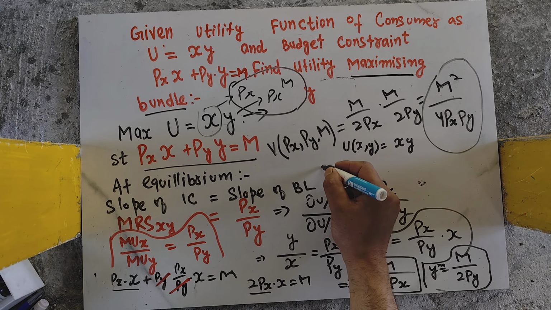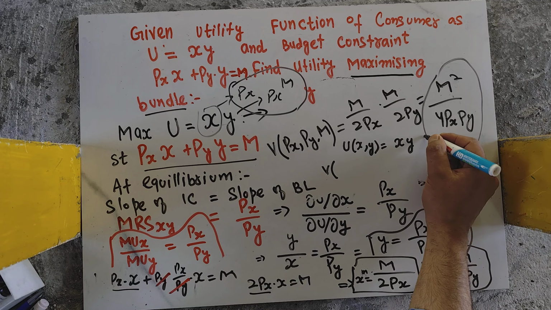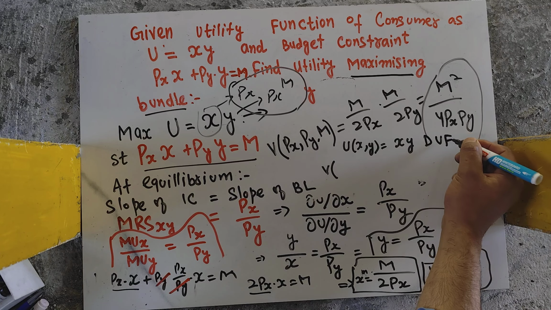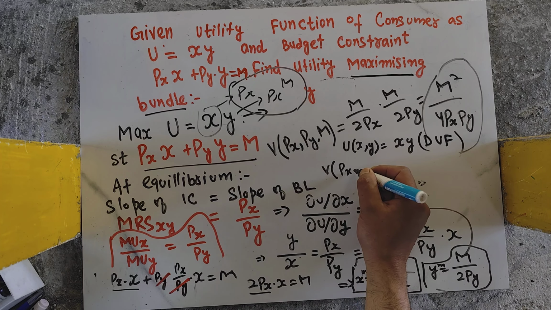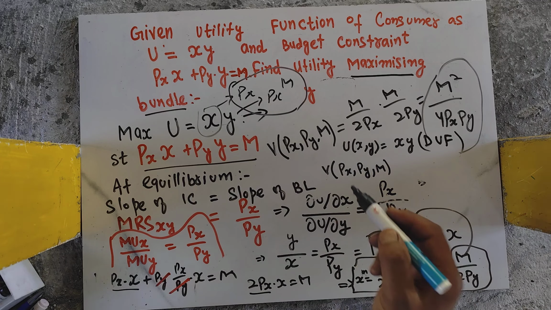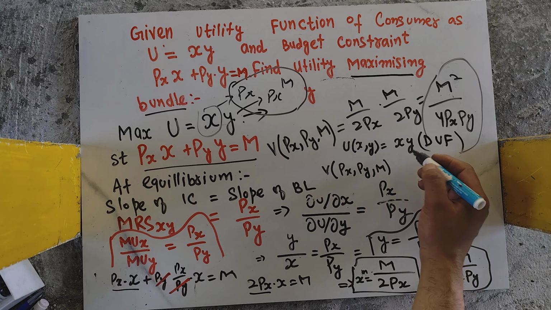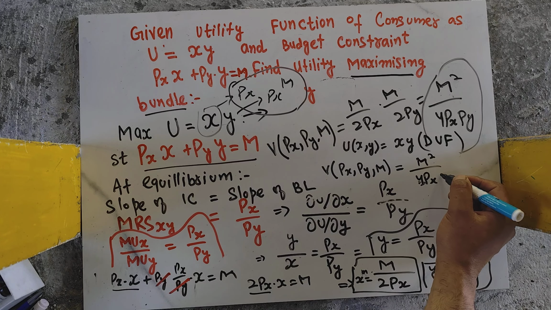We call this the direct utility function. In case of indirect utility function, we have price of x, price of y, and income. That is, utility is a function of prices of goods and the income. In this case we got m square upon 4px py.